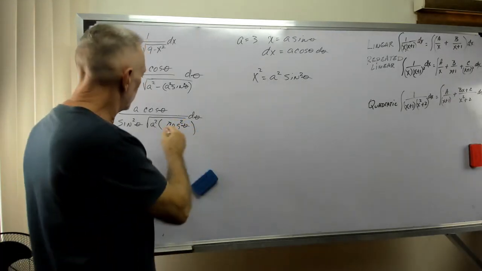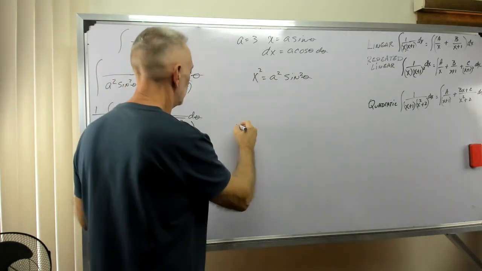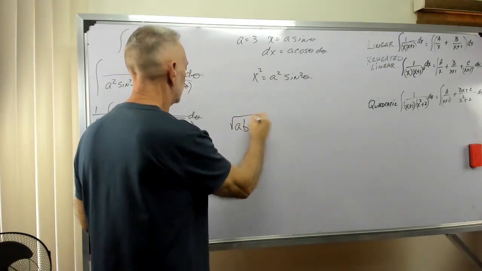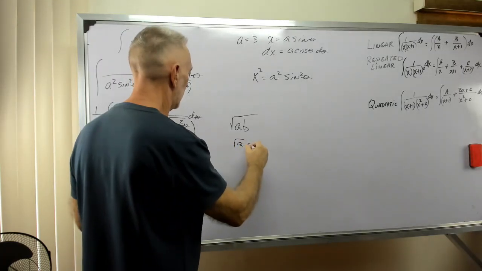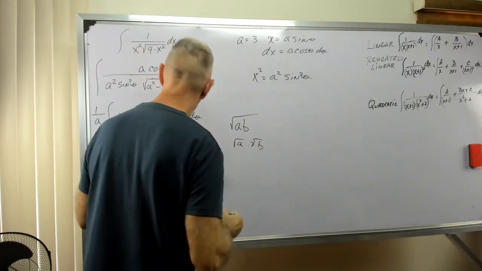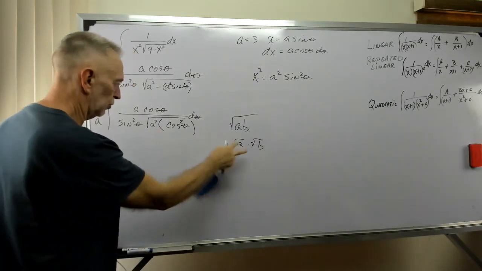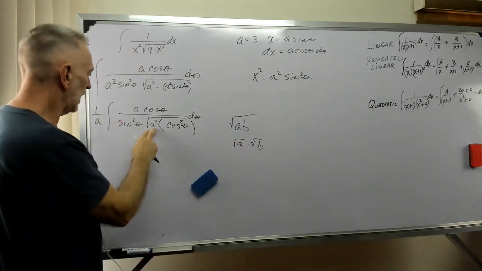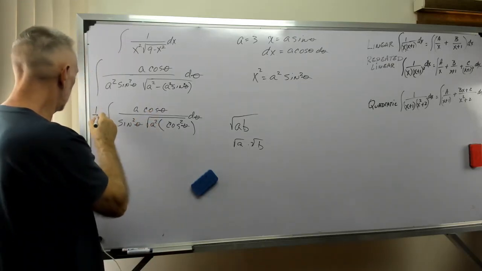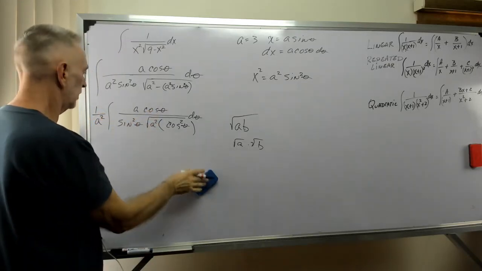Now you remember the rule of square roots. If I have a times b under the square root, that can be noted as the square root of a times the square root of b. Well, I can use that concept here. Square root of a squared is a, so it's 1 over a. So I'm going to move that one here.